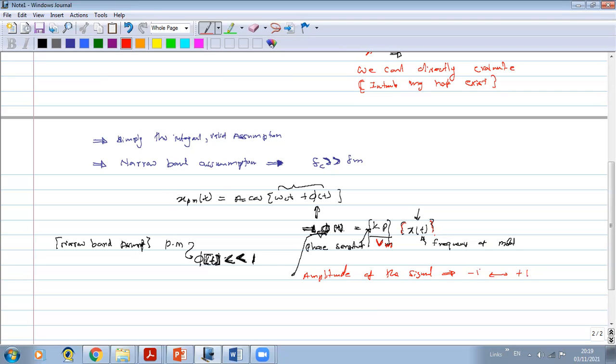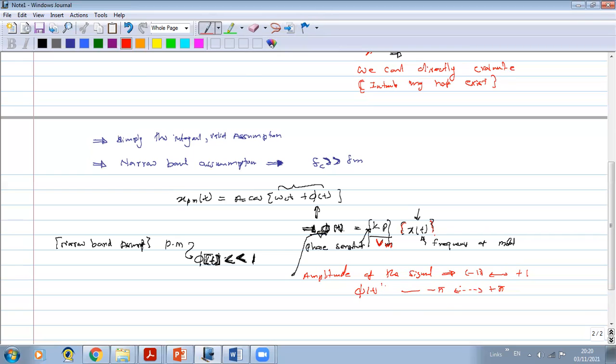So we can reduce, or lower, this range by setting the kp. If you use very low kp, then this range, this -1 to +1, actually this is not -1 to +1, it is changing this φ(t). We have already learned that this φ(t) is changing from -π to +π.